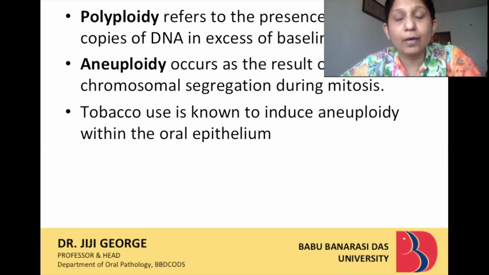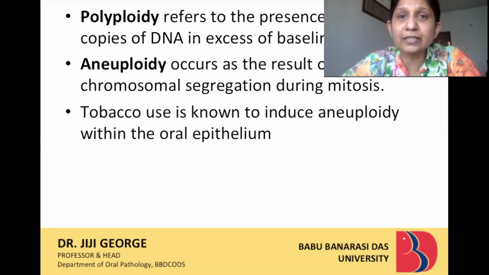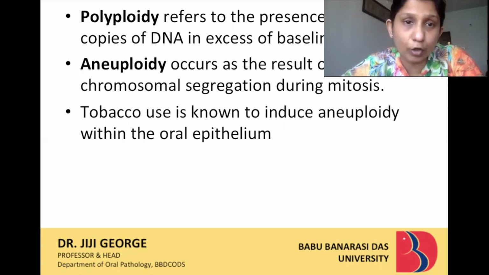That means when a cell undergoes mitosis, you have two daughter cells forming. Both the daughter cells will normally have an equivalent amount of chromosomal DNA content from both the mother and the father. But aneuploidy means that there's an unbalanced segregation. Some cells have got more chromosomes and some cells have got less.